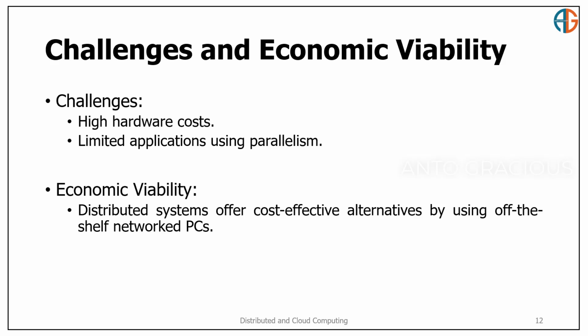Distributed systems, on the other hand, offer cost-effective alternatives. By using off-the-shelf networked PCs, companies can build powerful systems without the heavy cost of specialized hardware. For example, Amazon Web Services allows companies to rent cloud resources, scaling their computing power without purchasing expensive servers.